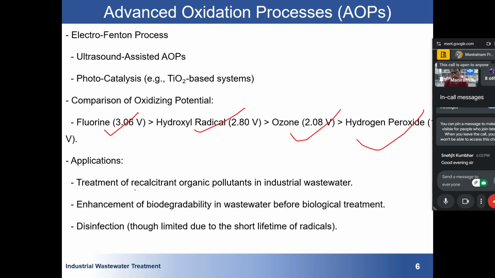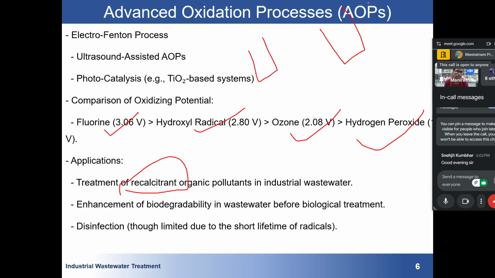I don't recall the meaning of this term, so sorry for that. But you can say that if we want to treat some complex organic matter present in industrial wastewater, then generally these types of radicals are used. Enhancement of biodegradability of wastewater before biological treatment. If you look into the treatment plant, we have a primary tank, then a secondary tank.